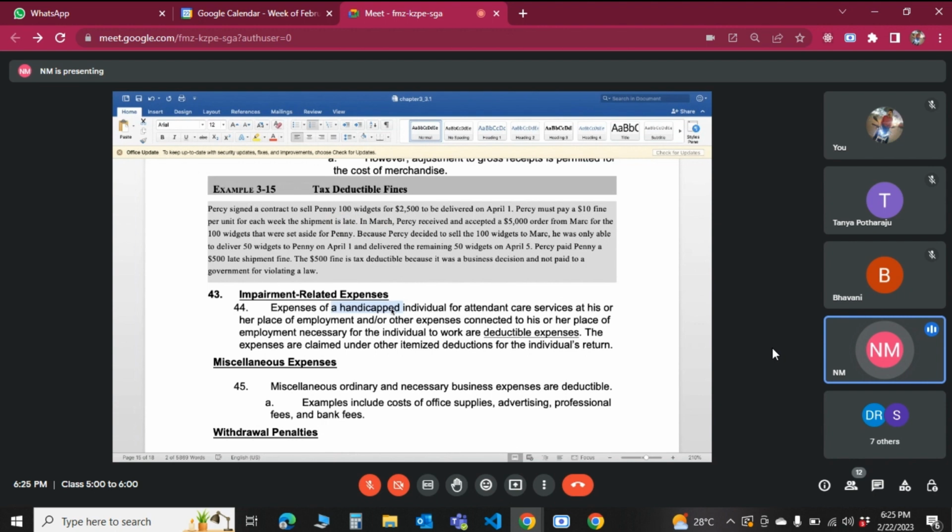So those kinds of expenses, or if somebody in the office is not able to work like a normal person would because of certain physical restrictions, and you're creating a structure or putting some special table or chair that helps that person, then all those are deductible expenses because it is all required for that individual to work there comfortably.